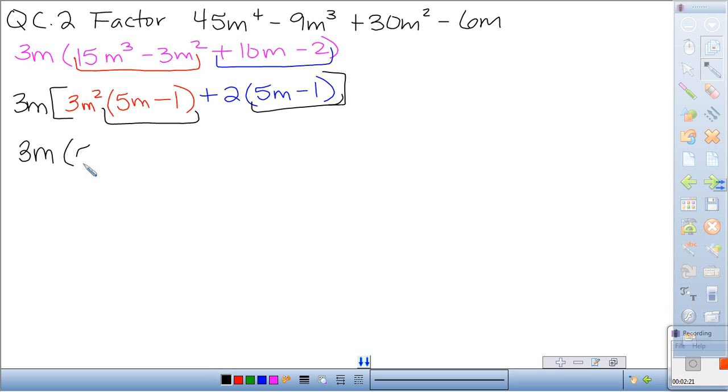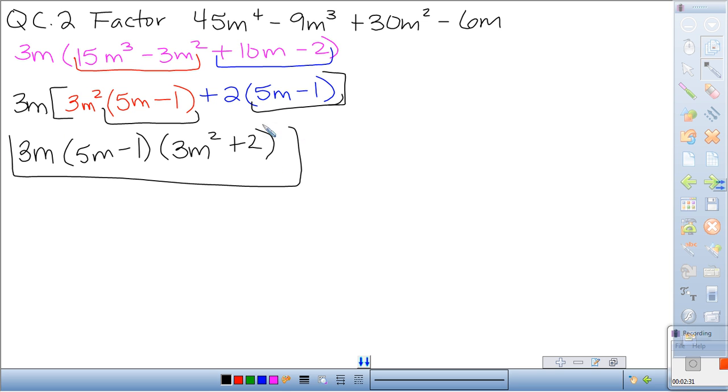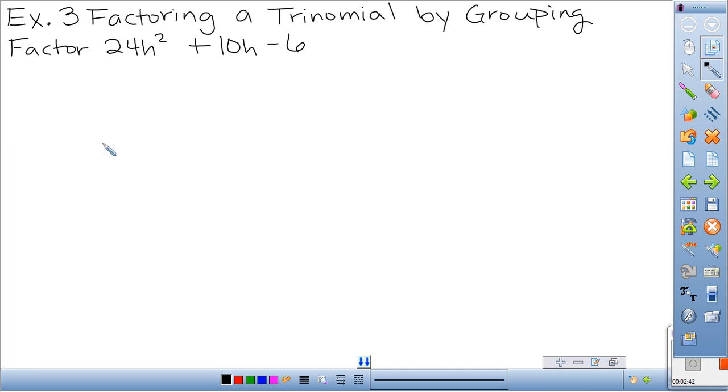So I have 5m minus 1 times, and then these create their own binomial, 3m squared plus 2. And there's your answer. Again, you can check it by FOILing these out and then multiplying everything by 3m. So I think we're good. Let's go ahead and move on to our next example.